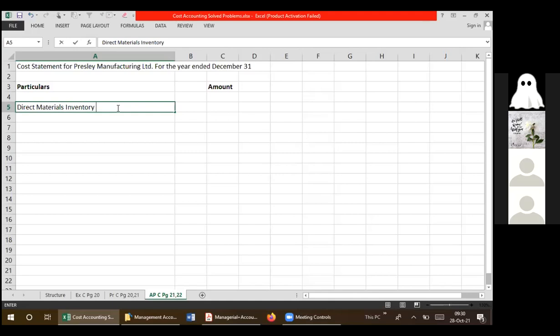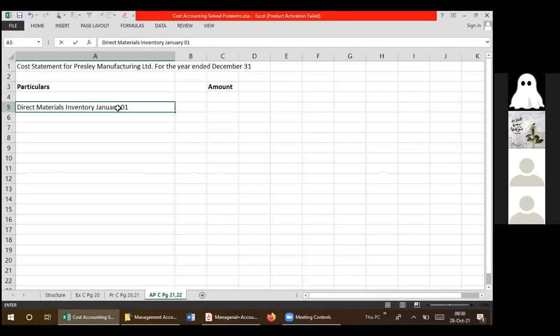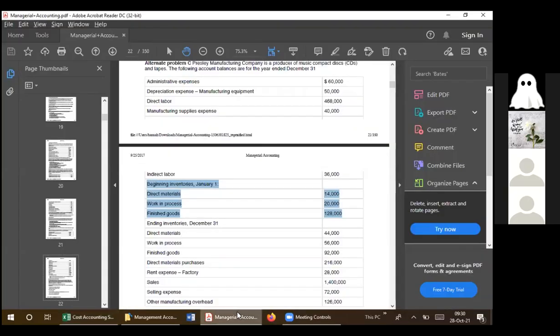Materials inventory January 1st is 14,000.